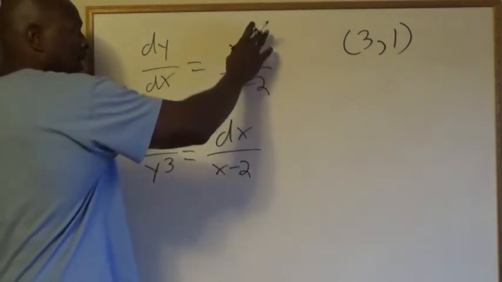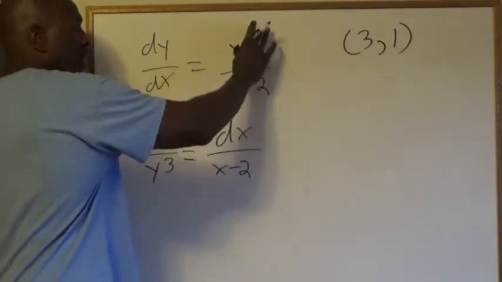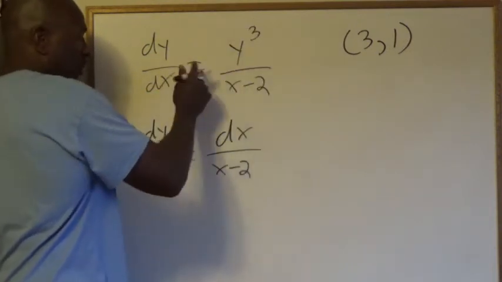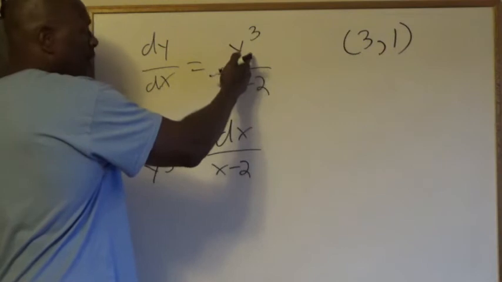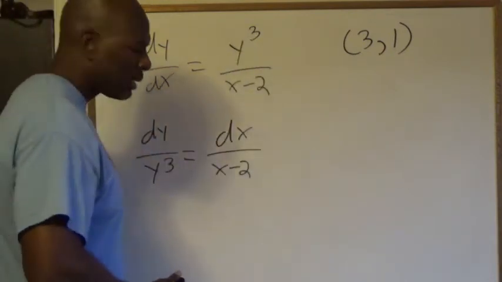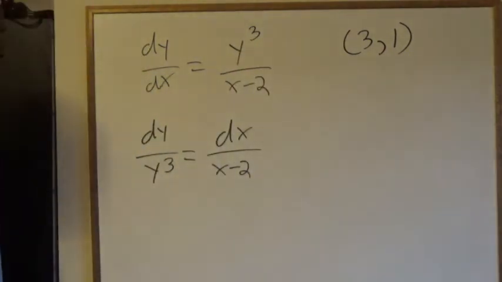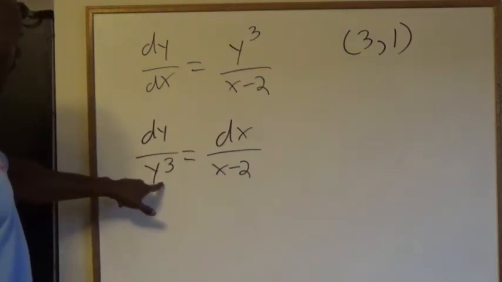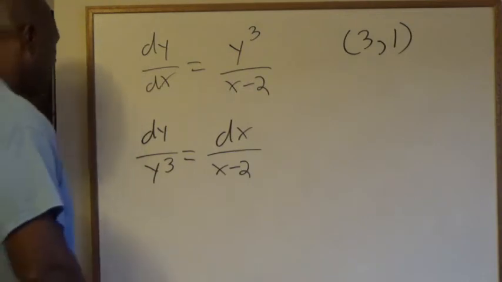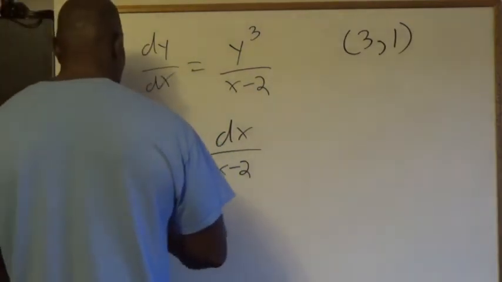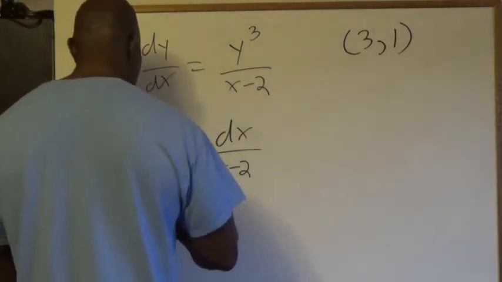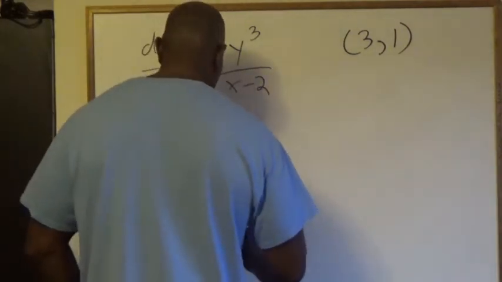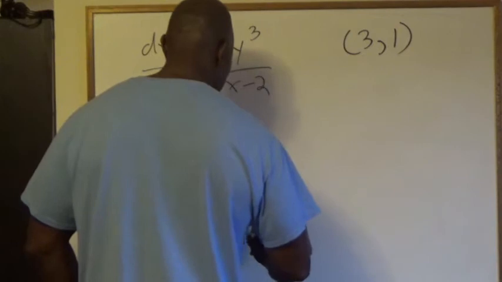When I divide by y cubed, the y cubed is coming to the bottom, and there's a 1 there, and then I'm multiplying by dx. Okay, so we separate, then we integrate, correct? Before the integration, I would like to rewrite y cubed as y to the power of negative 3. So this is y to the power of negative 3 dy equals dx over x minus 2.